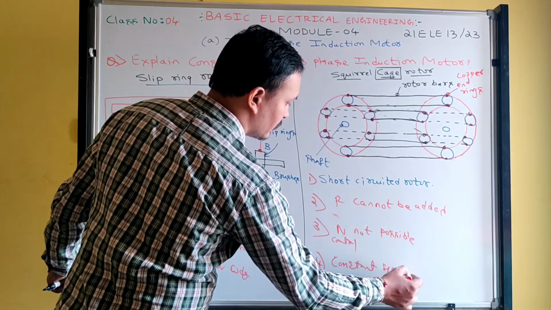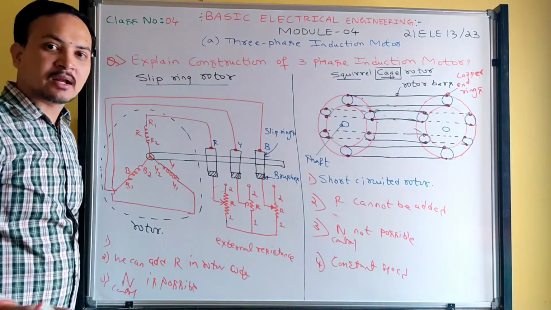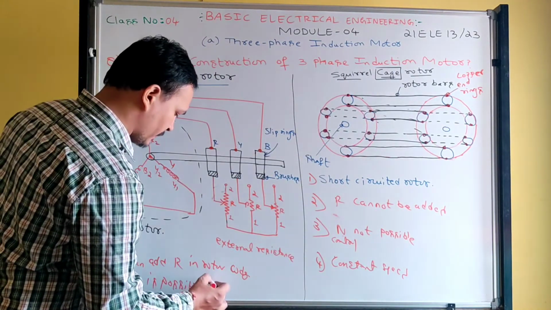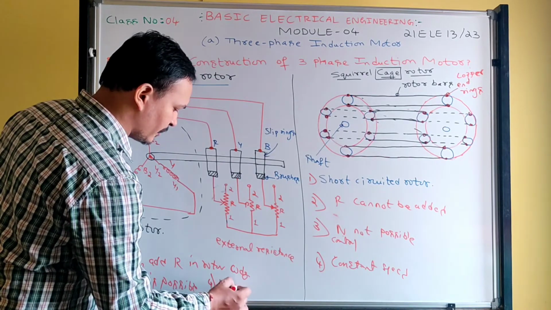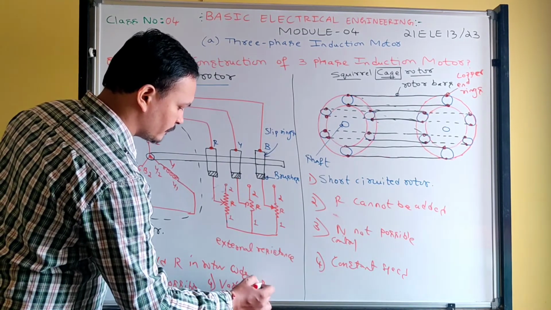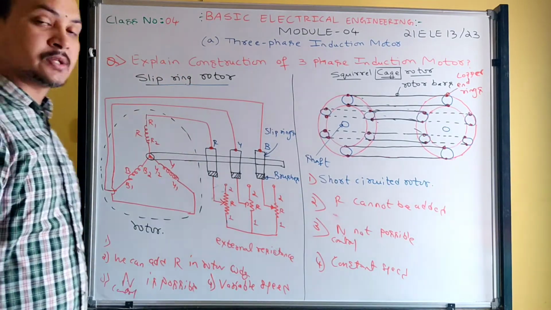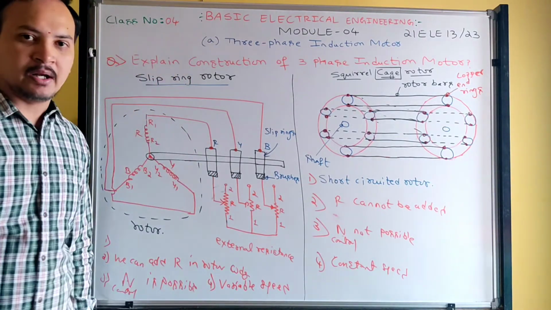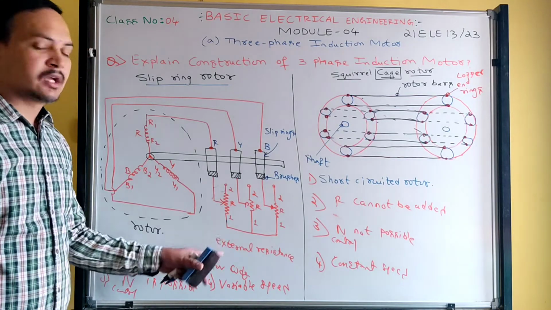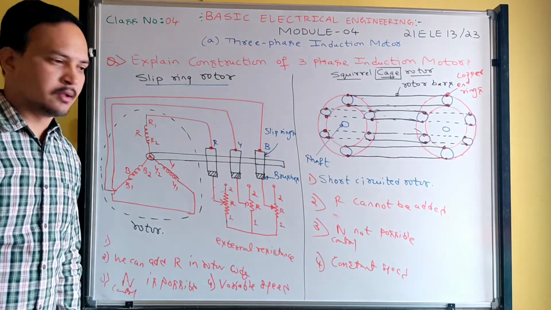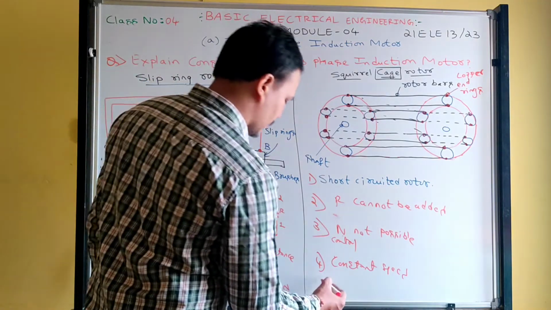All squirrel cage rotors run at constant speed, one specific speed. But this one is variable speed. In the slip ring rotor, speed control is possible, that's why it runs at different speeds, by controlling the external resistor on the rotor side. Okay, got it.